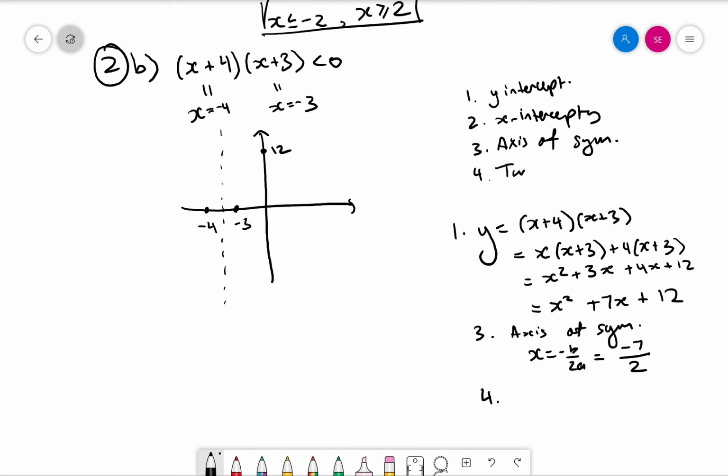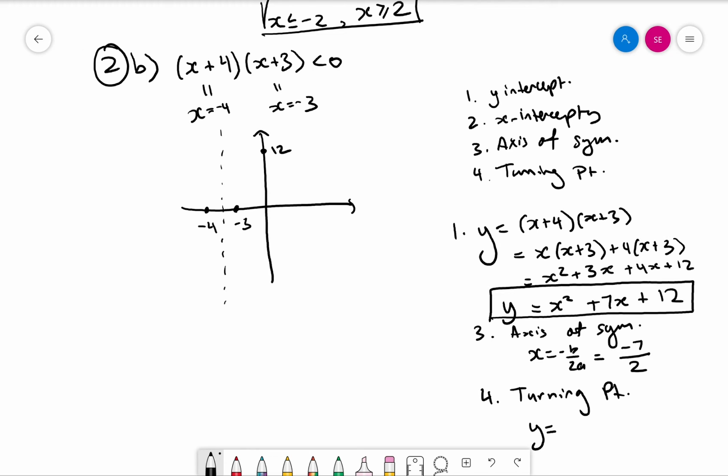And then turning point. So you'll sub in the axis of symmetry into the equation. Into this one just here.